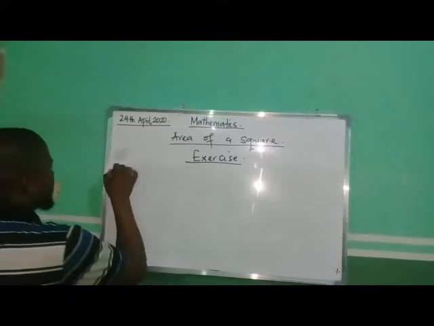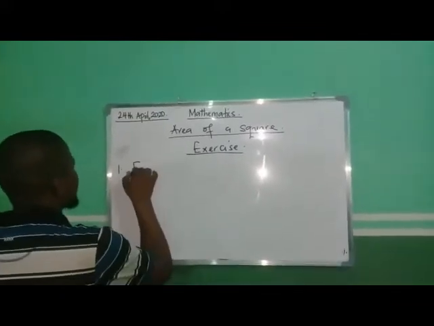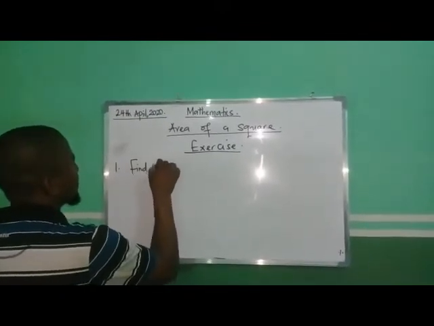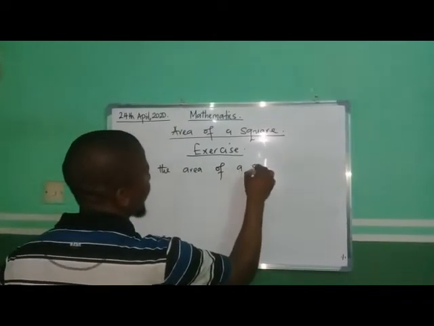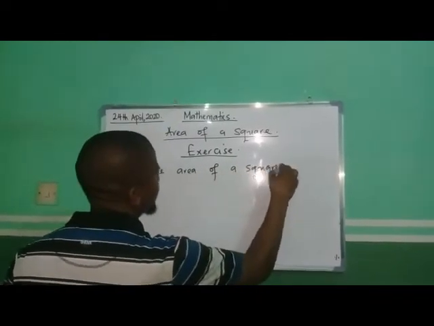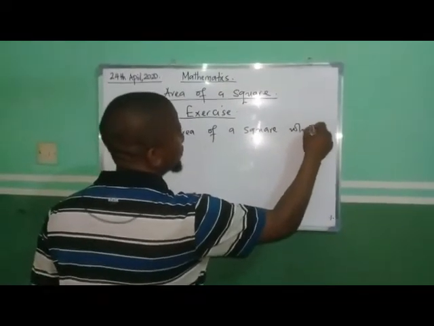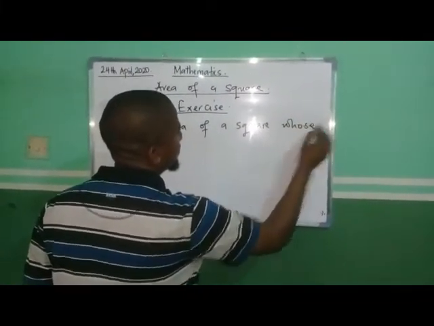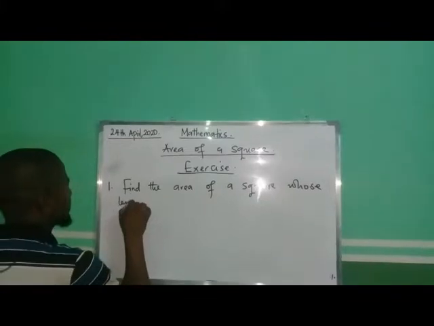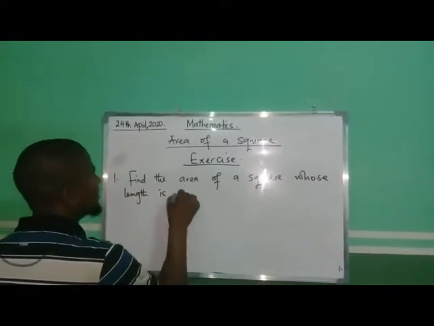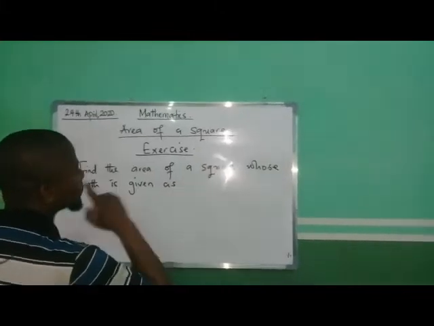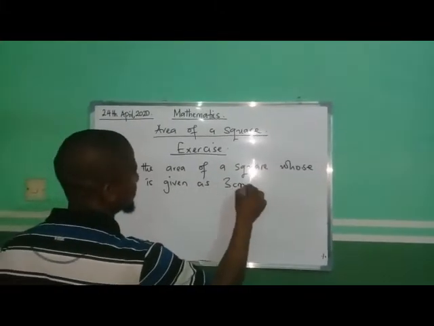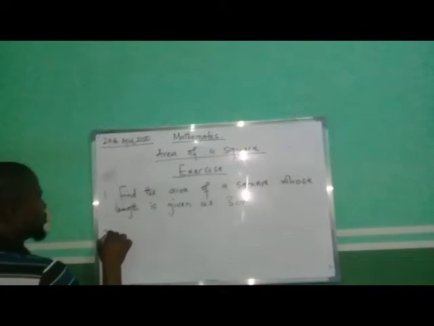Exercise. We have number 1. Find the area of a square whose length is given as 3 centimeters. Okay? Question 2.